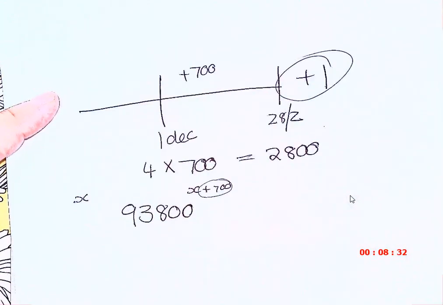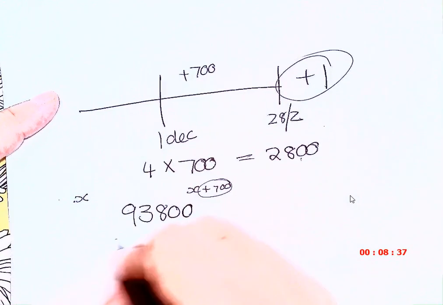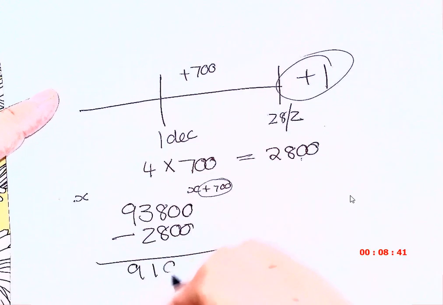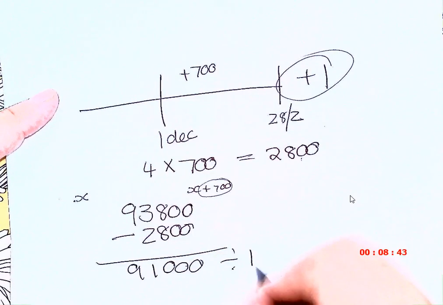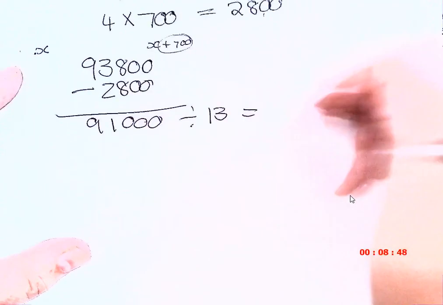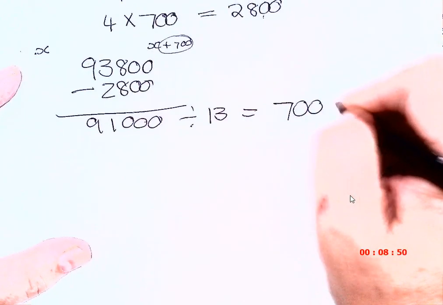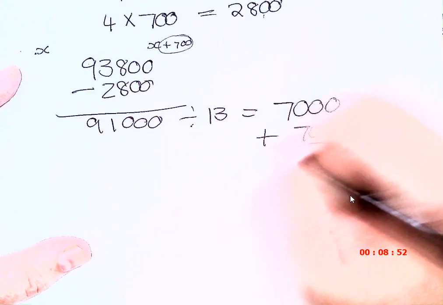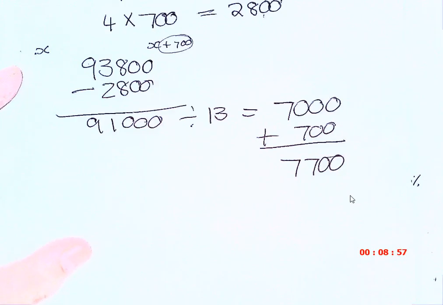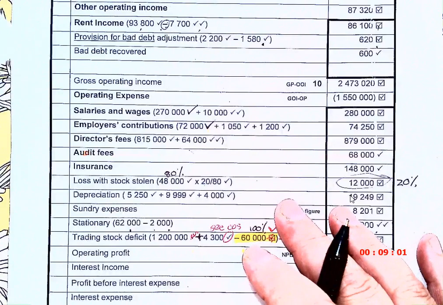So now if I can take that 700s out, I've got everything as X. So that is going to be less the 2,800, which gives me 91,000, which was for 13 months. And it gives me, what was it before the increase? 7,000 plus the increase. It's 7,700 per month. Is that right? Yes.